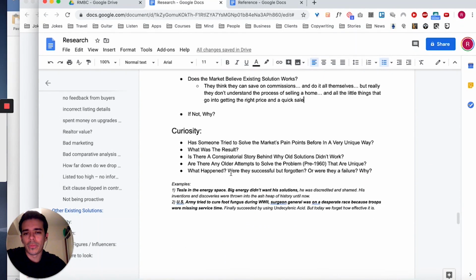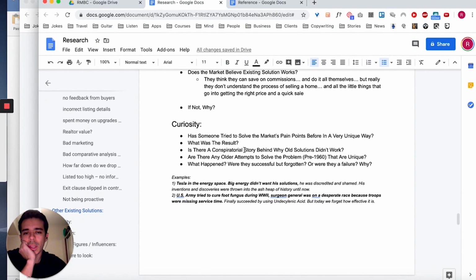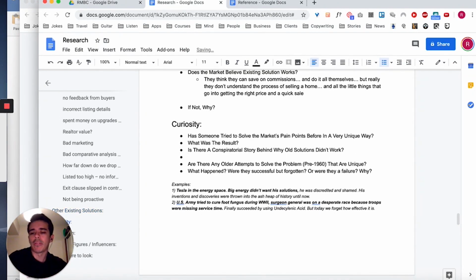So, curiosity: has someone tried to solve the market's pain points before in a very unique way? What was the result? So I'd say there was one that I found before when I was doing research, and it's this idea of a monopoly on real estate.